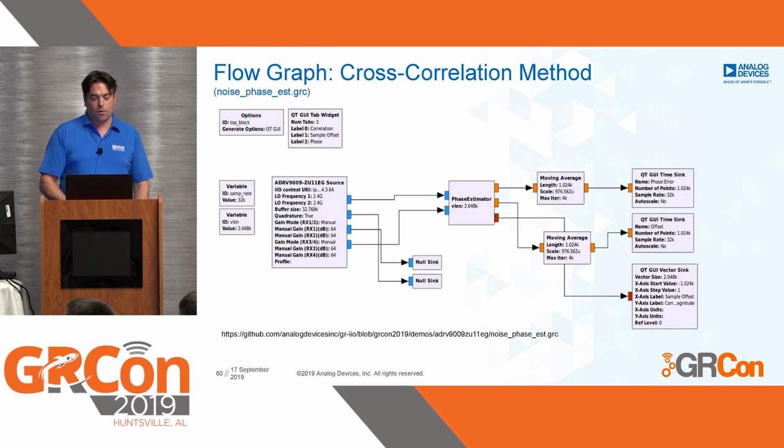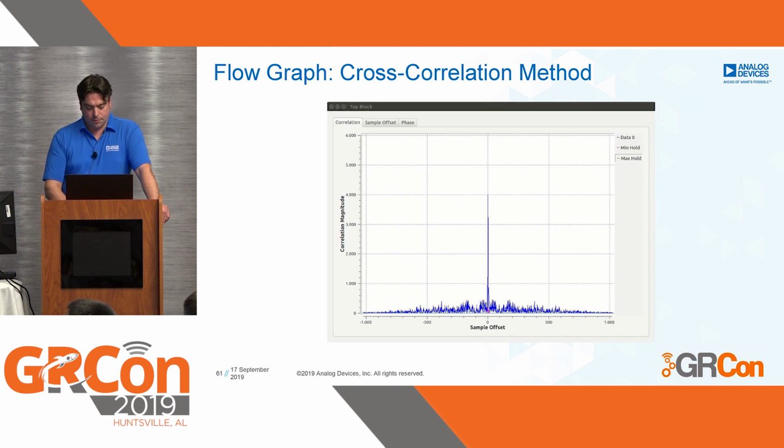This is the flow graph for the cross-correlation method. Again, the source. This time we correlate only two channels. It goes into the phase estimator block. Then we average and also visualize.